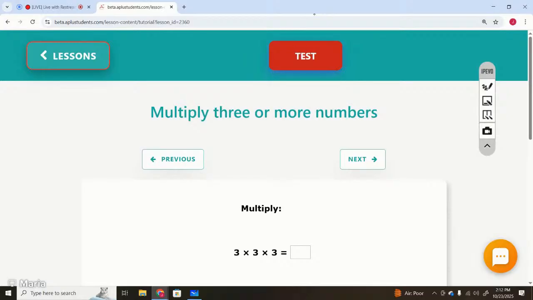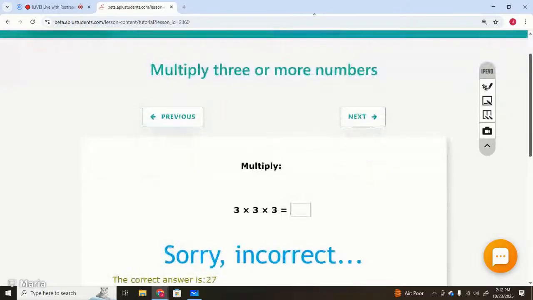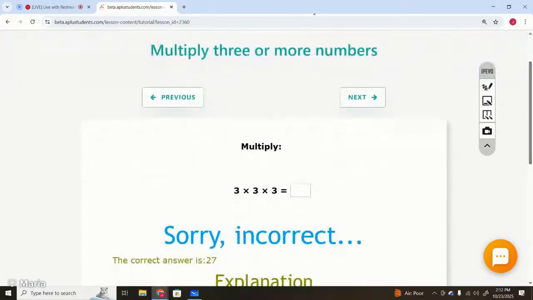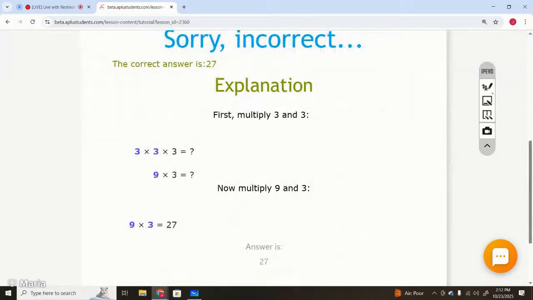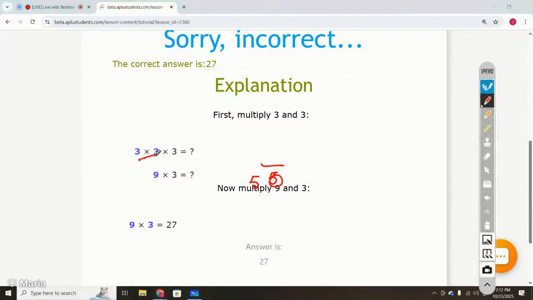Let's just start with the lesson. So multiplying three or more numbers, right? How do we multiply? Whenever we are going to multiply, we make a pair. We need to do the first two numbers, you can make the pair of either the first two or the last two. Like 3 times 3. 3 times 3 makes 9. You are left with another 3.